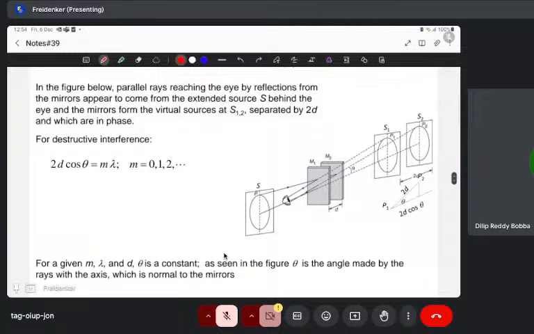Fine. What is happening? The figure: parallel rays reaching the eye by reflections from the mirrors appear to come from the external source S behind the eye and mirrors from the virtual sources. Okay, so what is happening? This light went through M1 and it came here. Some of it got reflected, some of it got transmitted and it went there. And this ray is coming, it came here.